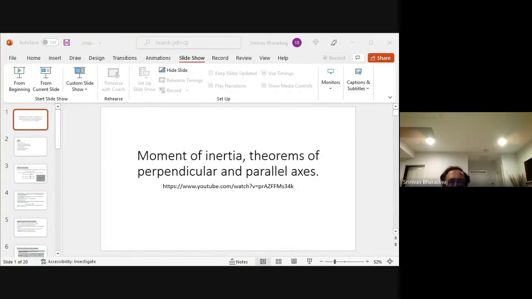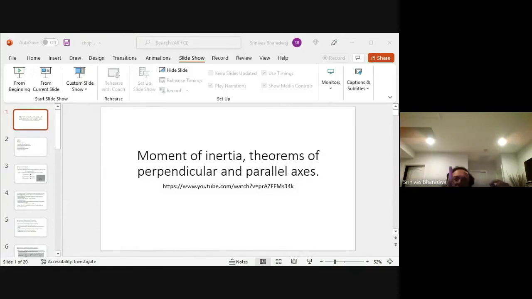From here to here, 0 to l, for each of the little dx's you have rho dx as the mass, and r square is x square, since the distance is x. Rho dx is m, so x square dx gives x cubed by 3, 0 to L. Therefore, you have ml square by 3 about one edge.